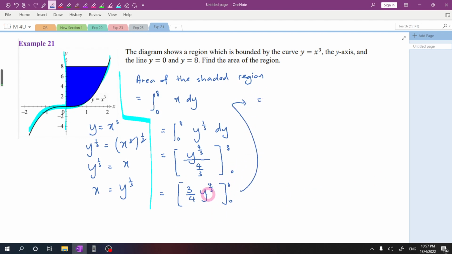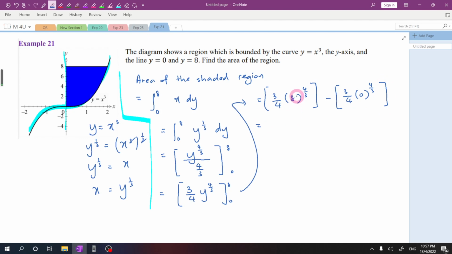Okay, 3 over 4 times 8 raised to the power of 4 over 3, minus, bringing 0 here, 3 over 4 times 0 raised to the power of 4 over 3.